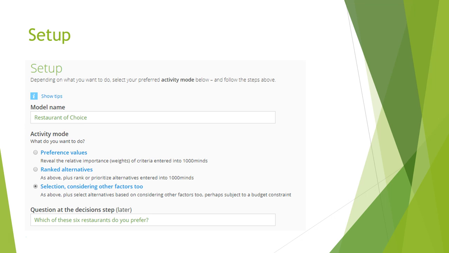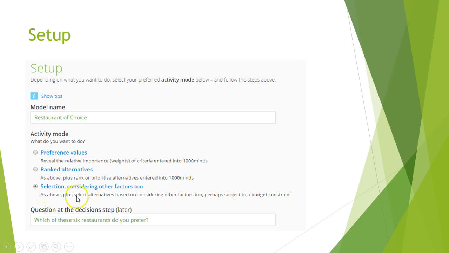So first we have setup, and the model name that I chose was Restaurant of Choice because that is what my decision is based upon. For the activity mode that I chose, I didn't want to just be limited to weighting the criteria or simply ranking the criteria.